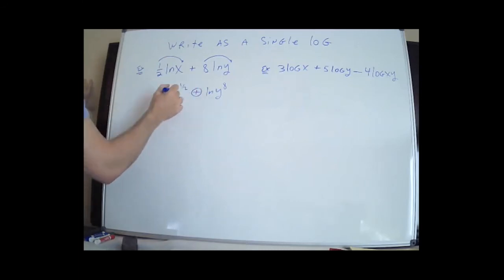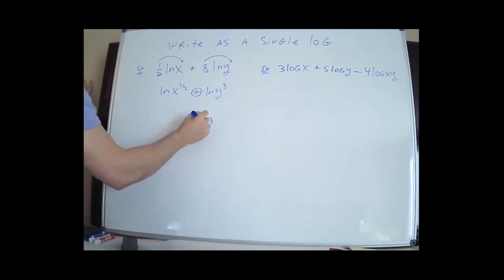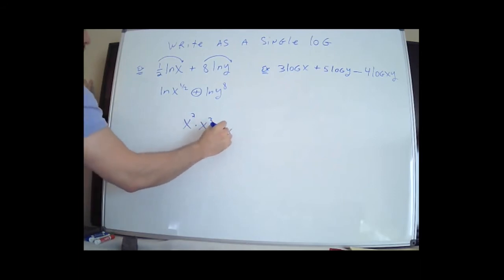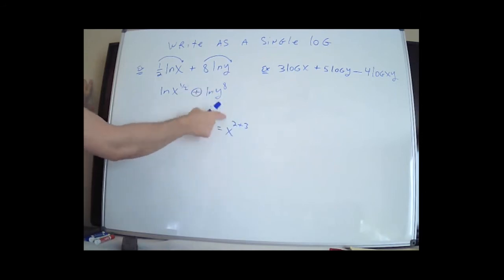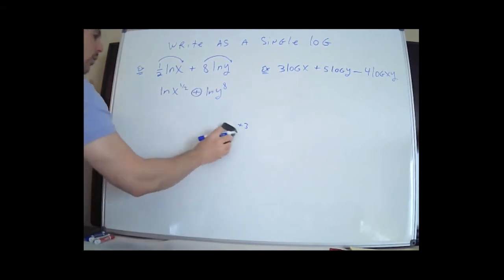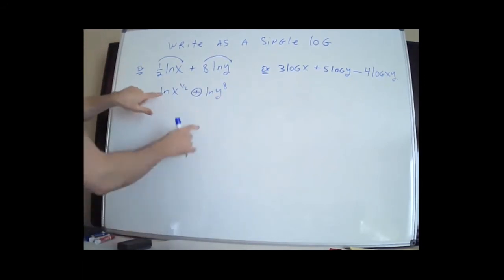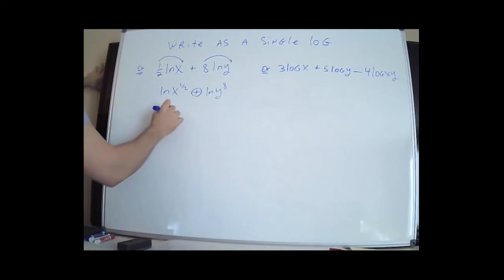Now the sum, if you ever forget what it was, remember that when you multiply letters, you add the powers. So when you see addition, it's multiplication. These are inverses, so any property that works for the exponents works for the logarithm. So addition becomes multiplication.